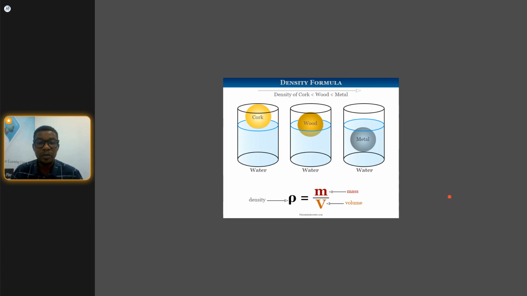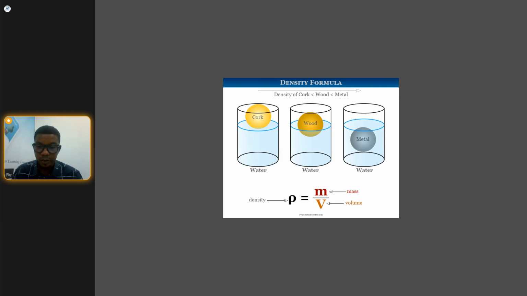All right, so we have the density formula given to us here. Density is represented by this symbol. Take note, please, this is not the letter P. It's more like someone writing something of this nature.